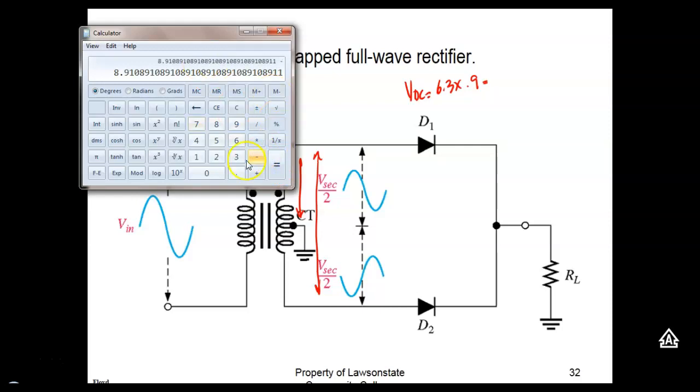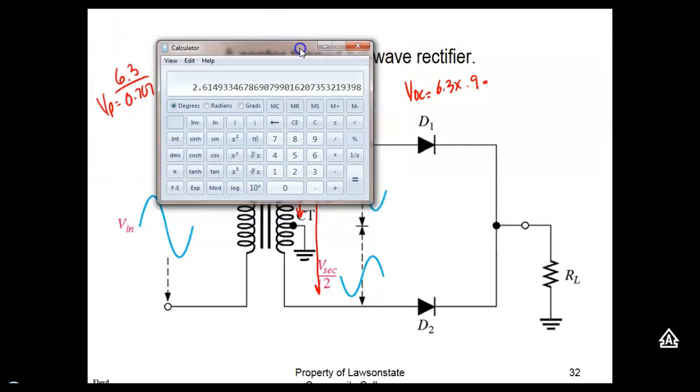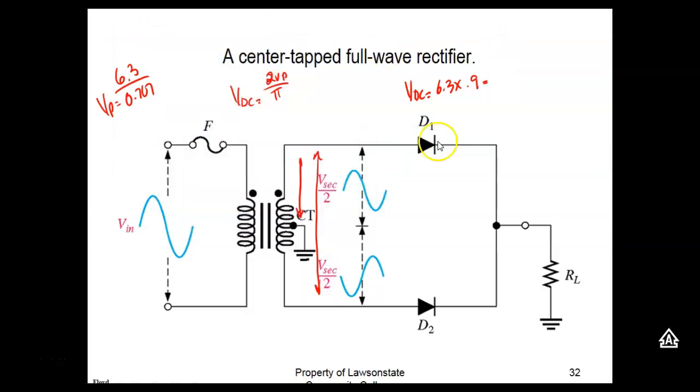Minus 0.7 gives me that, divided by 3.14. And you're right. So let's measure it and see if the 95% works.